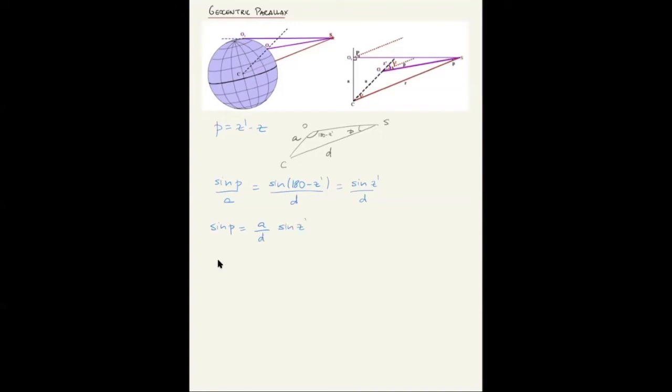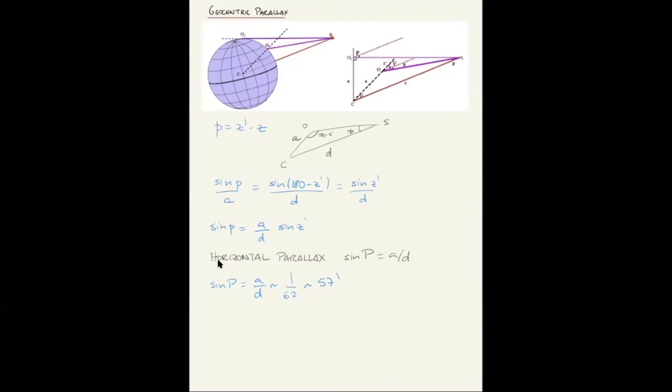So you can see from this that the parallax is going to be greatest when Z prime is equal to 90 degrees. So this is called the horizontal parallax. So for instance, the horizontal parallax of the moon is the radius of the Earth over the distance of the moon, which is about 1 over 62, 57 minutes of arc.